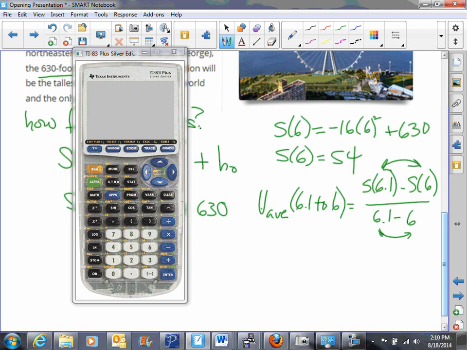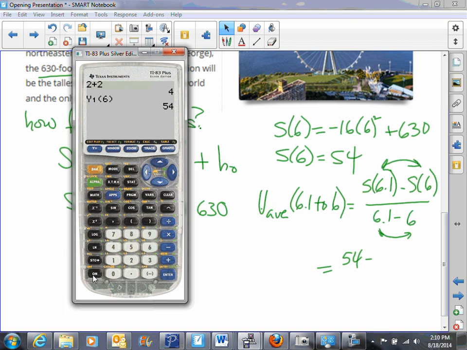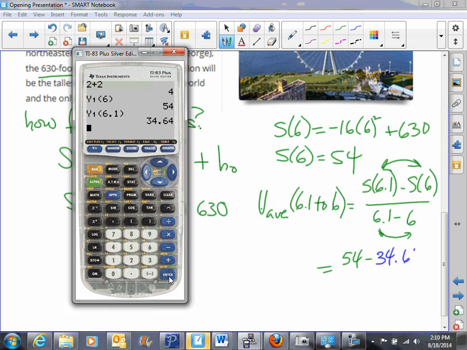And if we take that, we've got 54 minus, well, we don't know what that is yet. Let's just ask it. We can second enter and go back here. We'll do 0.1. And we get 34.64. So 54 minus 34.64 over 6.1 minus 6, which is 0.1.